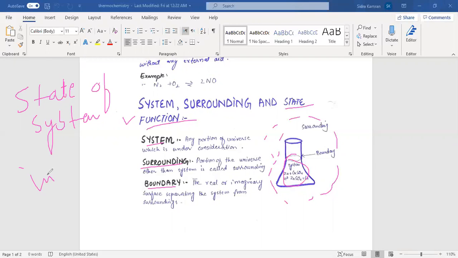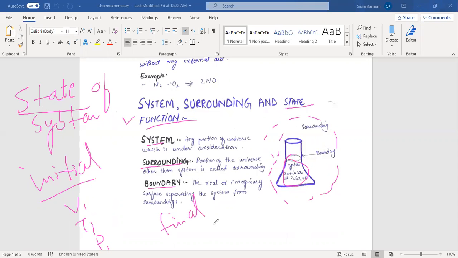Initial conditions means before the heat loss or gain. For example, volume 1, temperature 1, pressure 1: initially V1, T1, P1. These are the initial conditions, the initial state of the system. Then the final state.